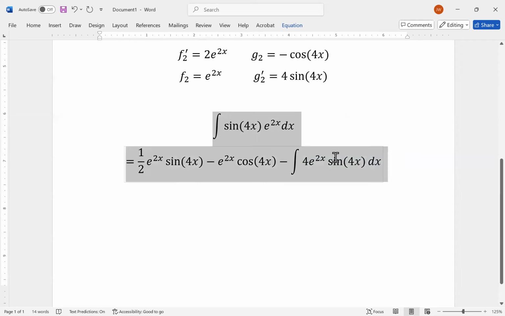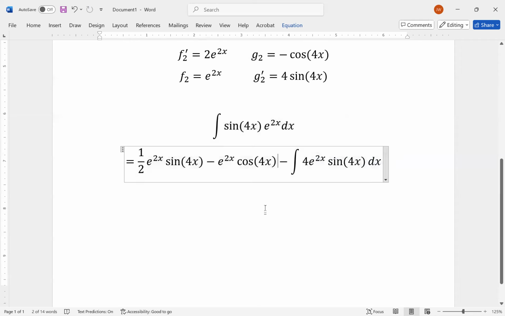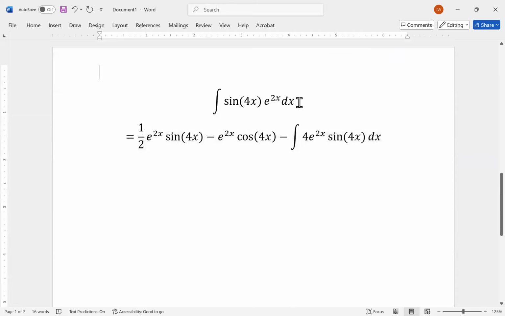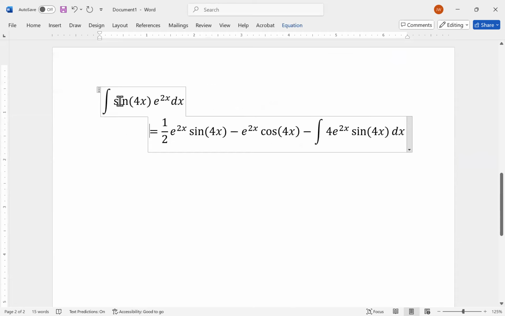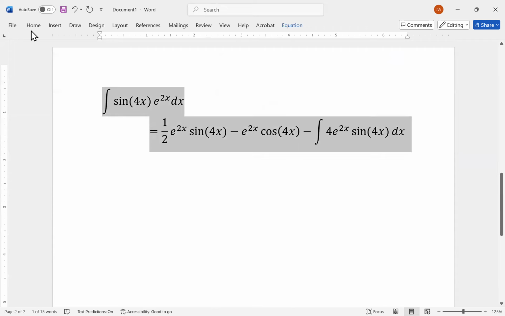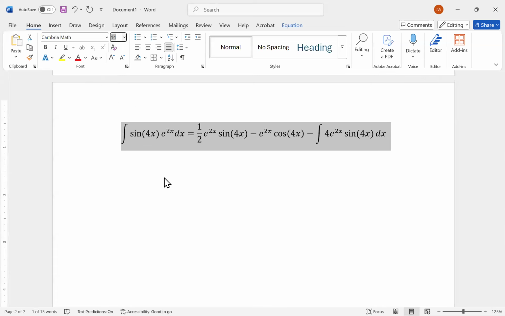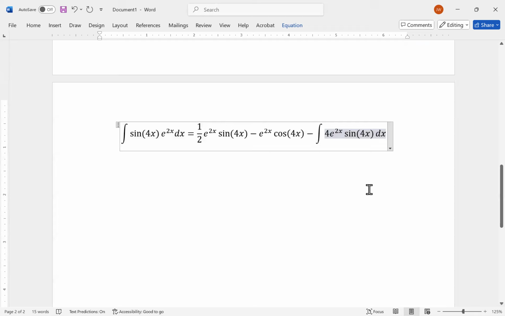So in essence, what we have, I'm going to rewrite this, is one big equation. And if I pull that 4 out front, then I have this integration is equal to this thing minus 4 times the same integration.